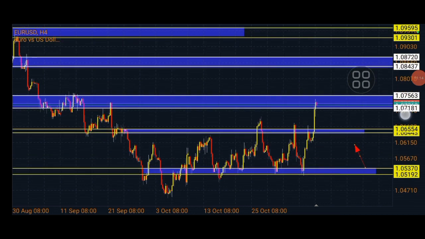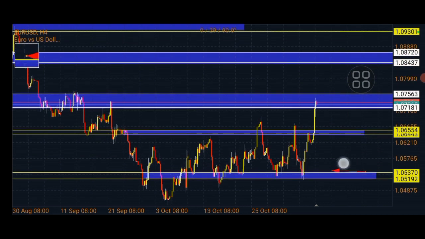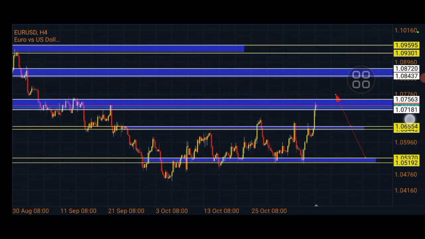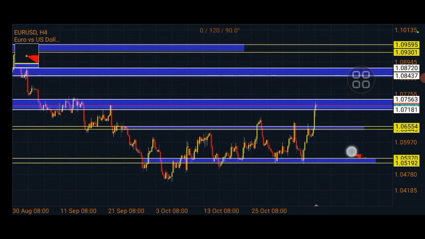So EURUSD, these are the zones we are going to be looking for. Buy here, buy or sell. Here is sell, here is sell. All you are going to do is monitor it throughout the week, as tomorrow is going to be Monday, or let me just say the next few hours to come is Monday. Here we are looking for a buy, here is buy, here is either buy or sell, depending on the setup we saw in the morning.